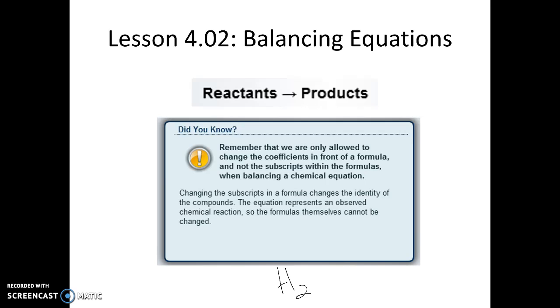Everybody knows water is H2O. If I suddenly was to change a subscript and make it H4O, that is no longer water. So the proper way to add more hydrogens onto this if we need to is we're going to put a coefficient in front. So now I've changed the number of hydrogens without actually altering the identity of our compound. So that's an important point to keep in mind.